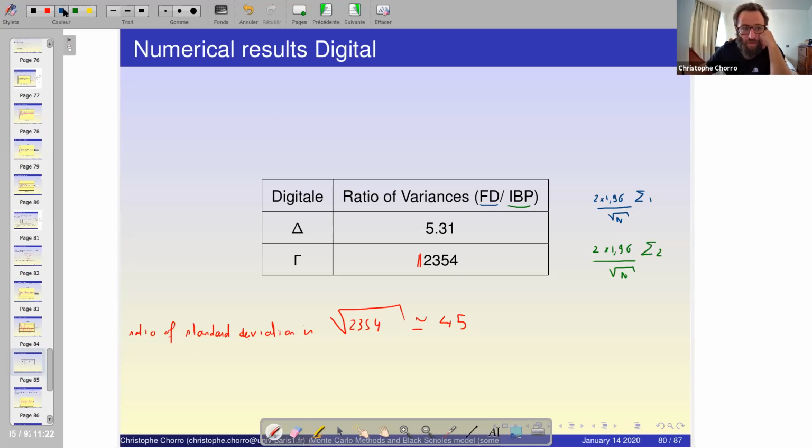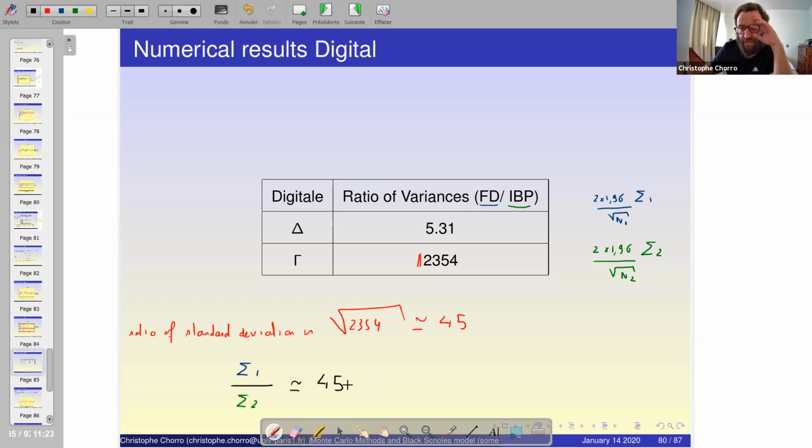And suppose that you use a sample of size n1 here and a sample of size n2 here. And I know that sigma 1 over sigma 2, in the case of the gamma here, is more or less equal to 45. Okay, I have this.